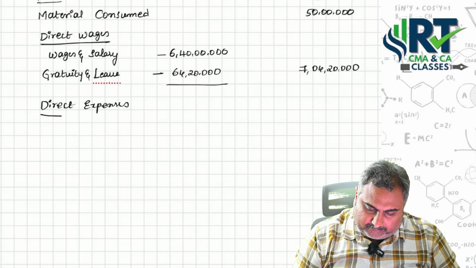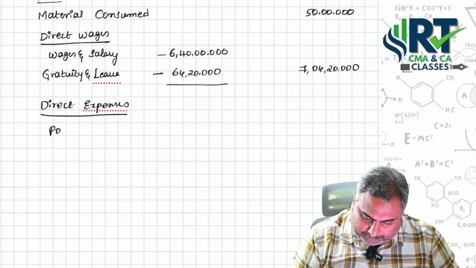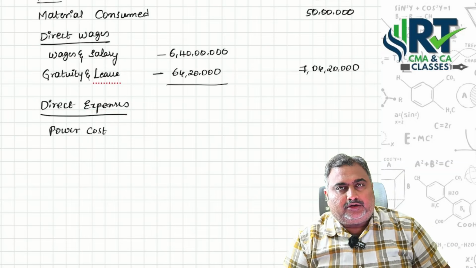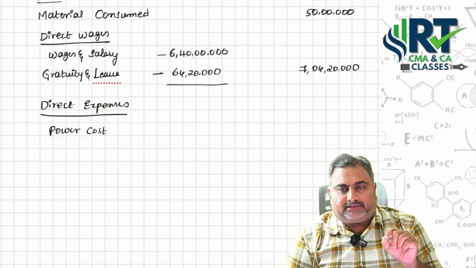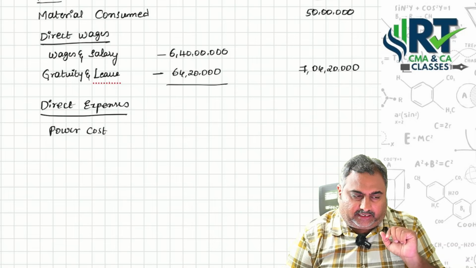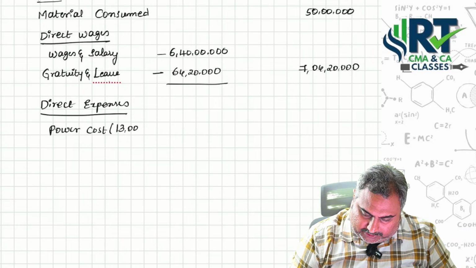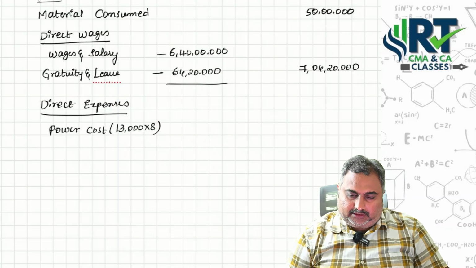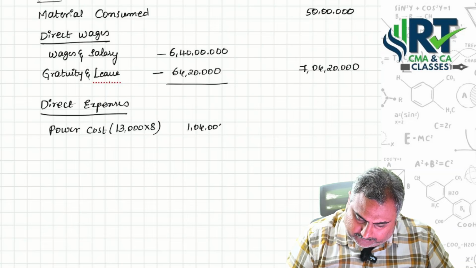Okay, and if you check, we have three direct expenses with us. Under direct expenses point of view, first start with power cost, because without this you can't do the production. So expenses directly linked with production should be covered under direct expenses. So 13,000 kilowatts into 8 rupees per kilowatt, that is equal to 1,04,000.